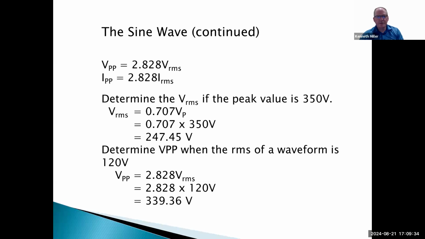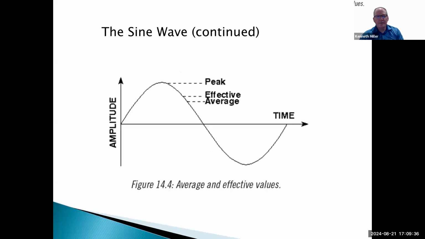All right, so let's talk about this from this graph. So again, we have the peak value. We have the peak to peak would be from here to here. Our time is our period. 1 over the time is the frequency. Our effective voltage, or our VRMS, is here.